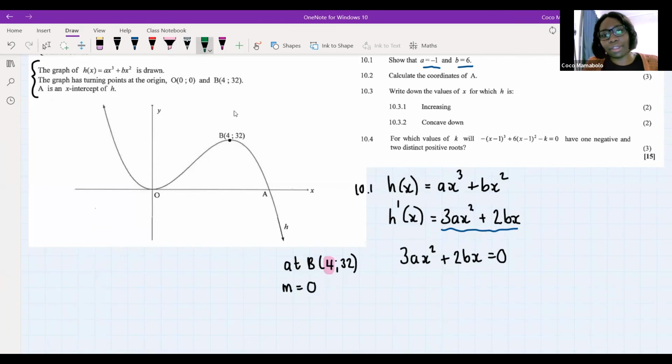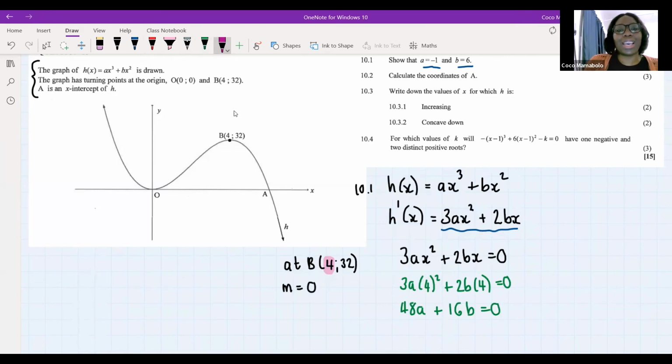I'm going to have 3 multiplied by a, 4 squared, plus 2b multiplied by 4, and all of that will be equal to 0. And if I clean this up, I'm going to have 48a plus 16b is equal to 0. This still poses a problem because I still have a and b. I can't solve for 2 unless I'm solving in terms of the other. I'm still solving for 2 unknowns, right?